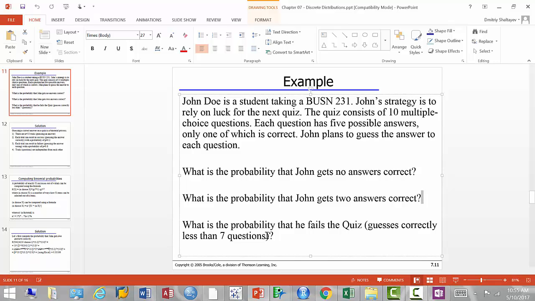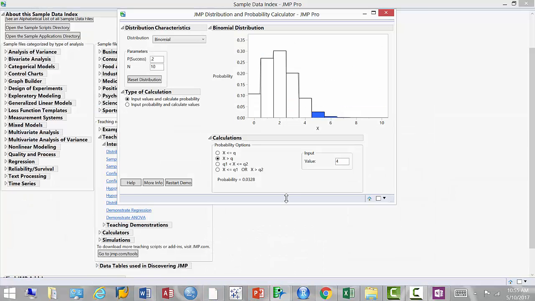That would require adding together the probabilities of 0, 1, 2, 3, etc. We don't want to do all this manual work, so let's turn to JMP. Less than 7 means less than or equal to 6, that's what I need to do. He gets less than 7, meaning 6 or fewer, correctly. And drum roll, what do you see?